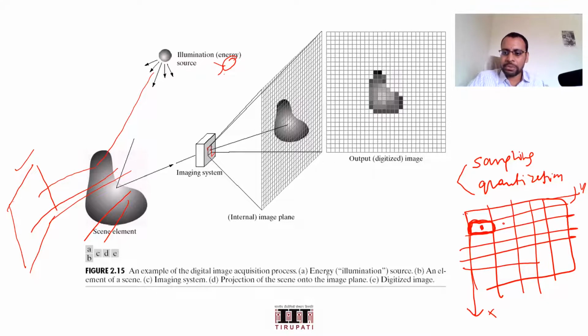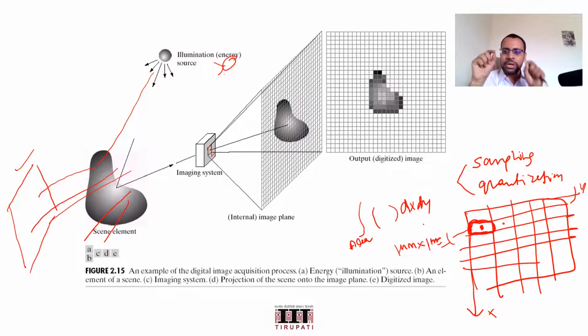For example, let's say, for theory purposes, it is 1 micrometer by 1 micrometer. What you have there is the integration over that area of 1 micrometer square, the whole intensity of light falling in that region, which gives you one value. And for that whole region you have only a single value.